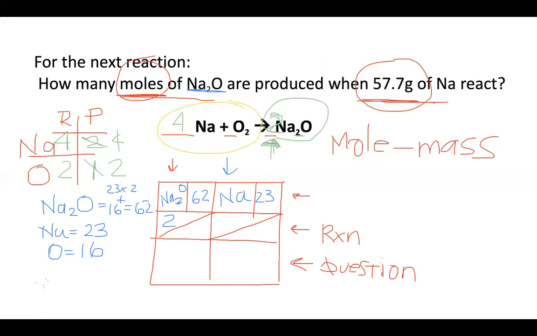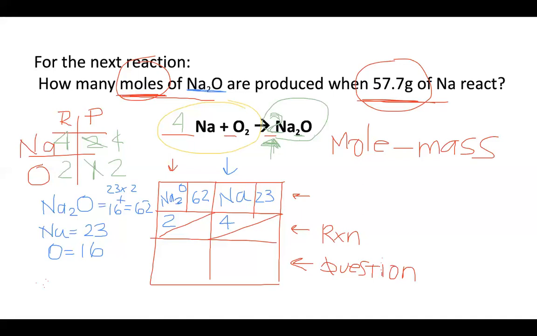And which is the big number out front of sodium? Here goes the 4. Once again, this 2 is the big number out front of sodium oxide, and this 4 is the big number out front of sodium.